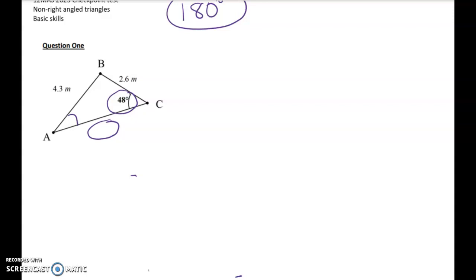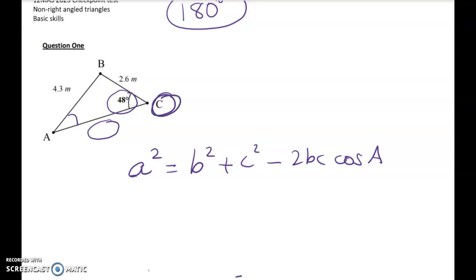And that means that we can't use the cosine rule, because the cosine rule for a length is this. A squared is equal to b squared plus c squared minus 2bc times cosine of a. So what we have to have is the angle and the sides that are right next to it. Okay, so think about those sides as being arms that are hugging the angle.